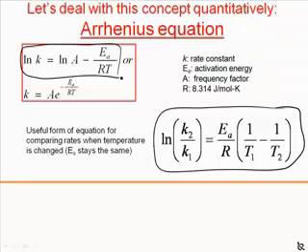But remember, you can derive this one from the other using the fact that, in either case, if I'm changing the temperature, this piece here will be the same. For the same reaction, the frequency factor is going to remain the same.